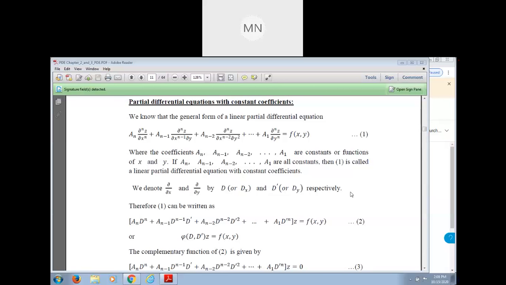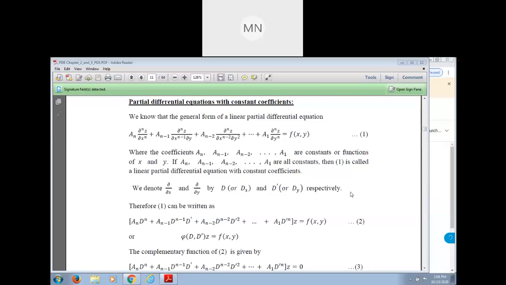Multiple terms of z will not arise in that equation, because z is the dependent variable. We include only the derivatives of z. So multiple terms of z will not come in any equation. Then we consider this equation as what? A linear partial differential equation.